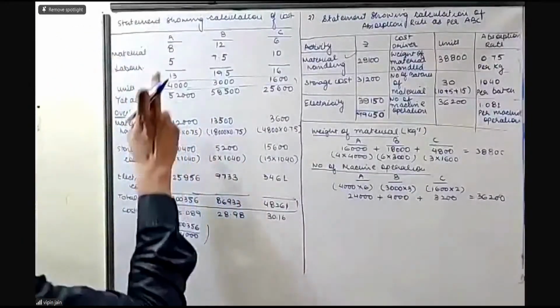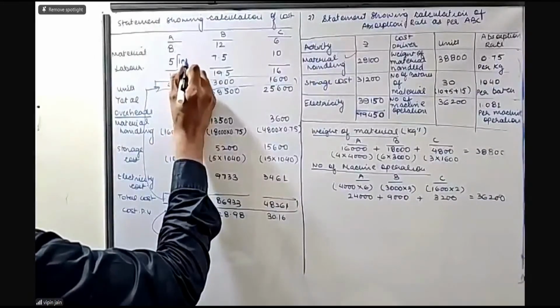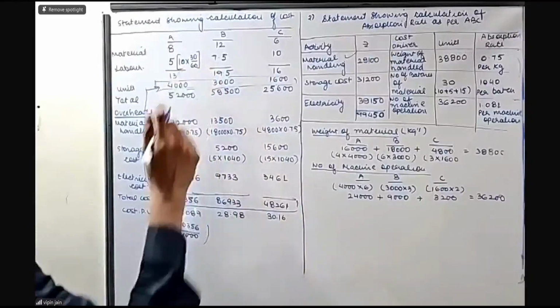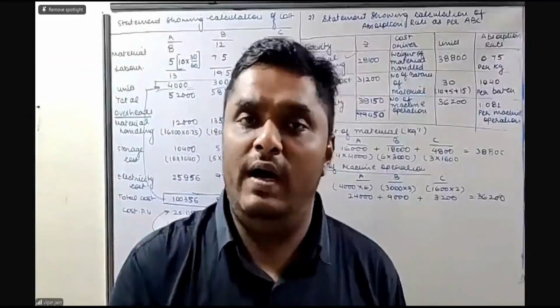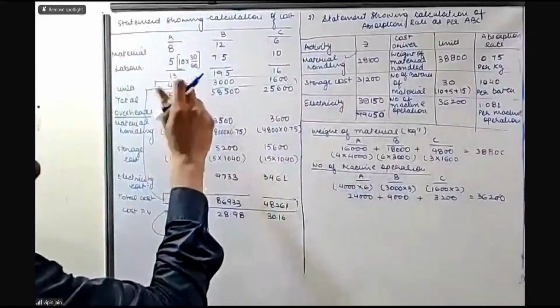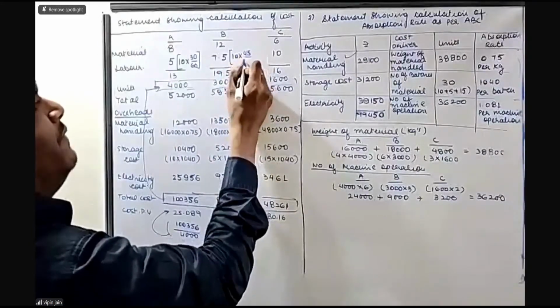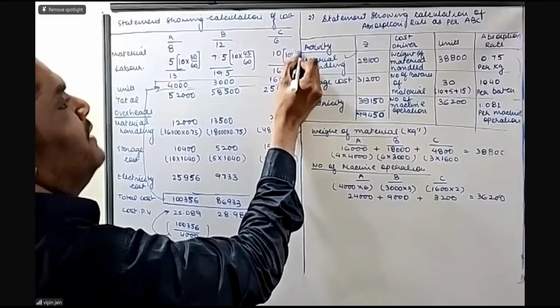Ritika Gupta, when talking about the labor, see the rate is 10 into 30 minutes divided by 60 minutes. So 30 minutes divided by 60 minutes is what? Half hour. So 10 into 30 by 60, 10 into 45 by 60, and 10 into 60 by 60.